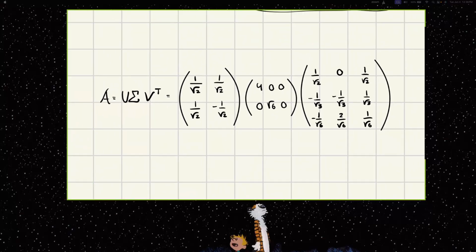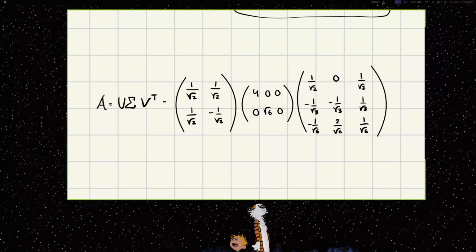And if we multiply all three of these together, we should get back a nice 2 by 3 matrix that is hopefully our original matrix A.